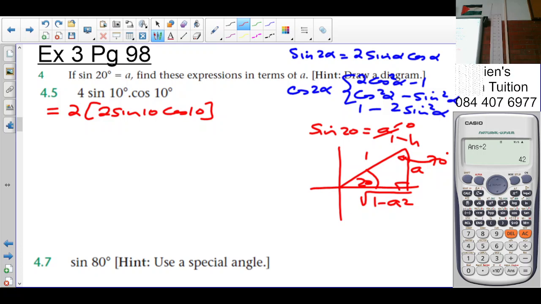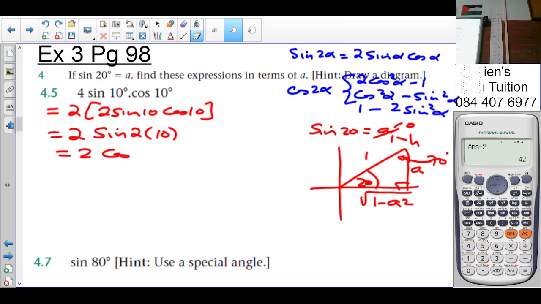So 2 sine alpha cos alpha can be written as sine 2 times alpha, and my alpha angle is 10. What's 2 times 10? Oh, shucks. It's 20. What's sine of 20? a. Okay, the next one?